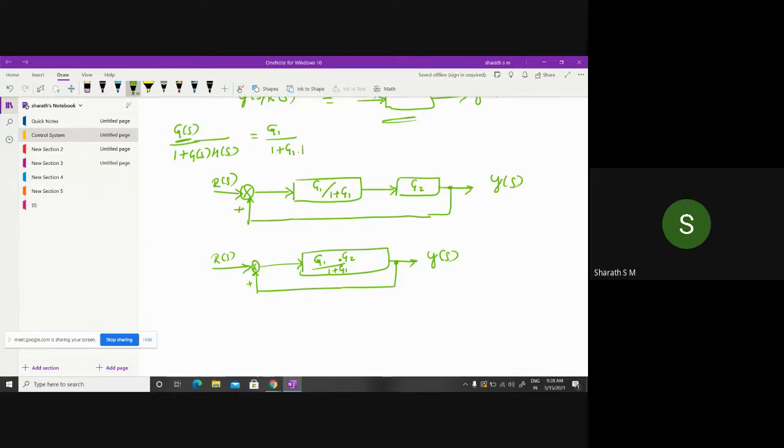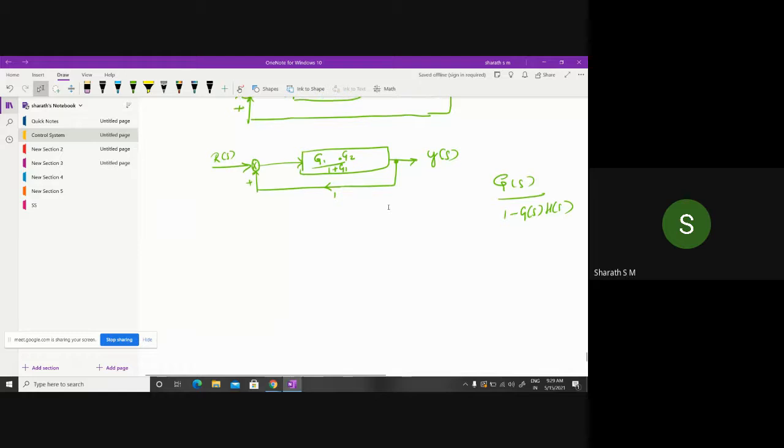So almost we come to the single block, but here we have a positive feedback element. Across the feedback, we have a signal 1 once again. For a positive feedback, what's the equation we need to write? G of s divided by 1 minus G of s into H of s.